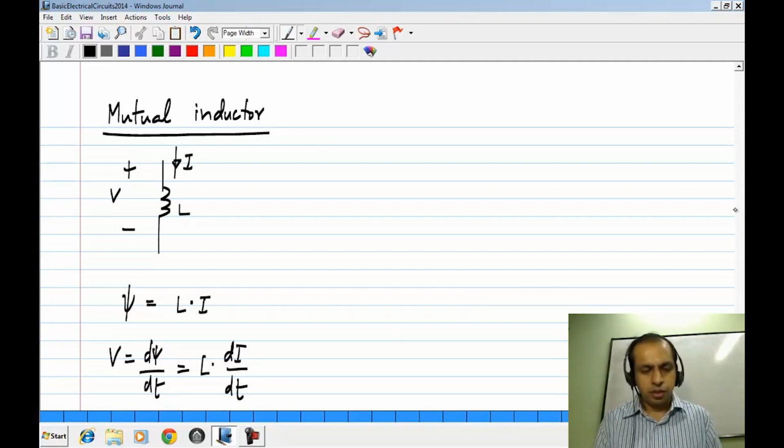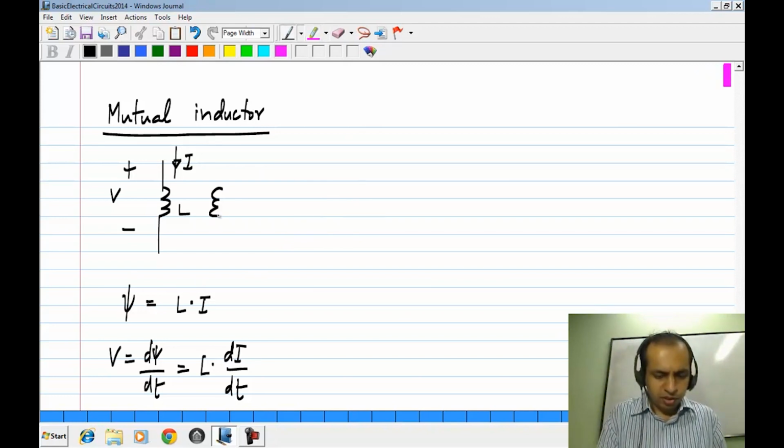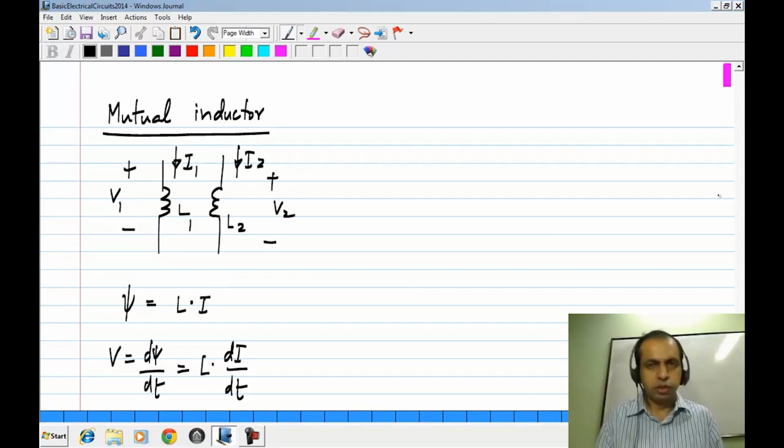Okay. Now, because the magnetic field of an inductor extends outside the inductor, it turns out that you can place another inductor, and to distinguish between these two, I will call this L1, I1 and V1, and I will call this L2, I2 and V2. Okay.